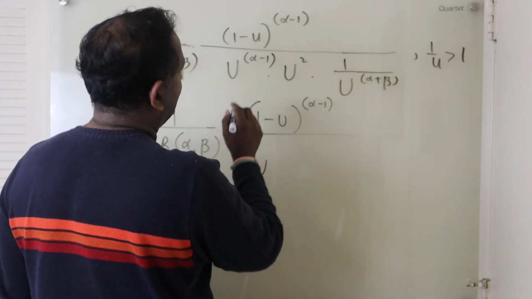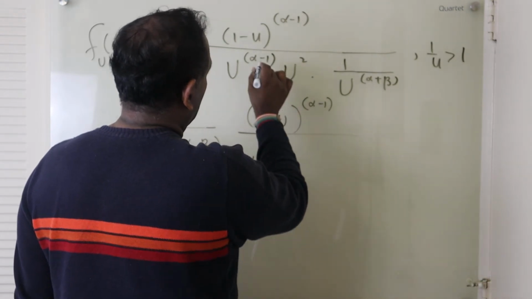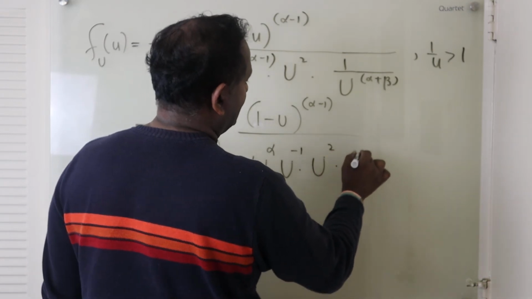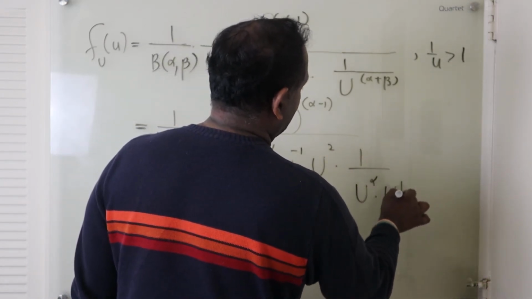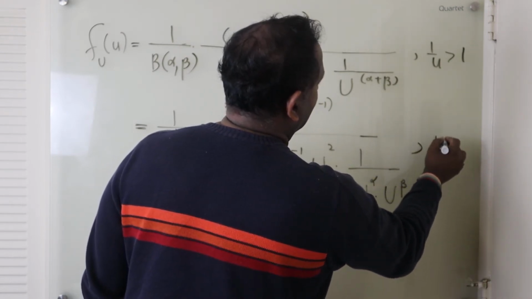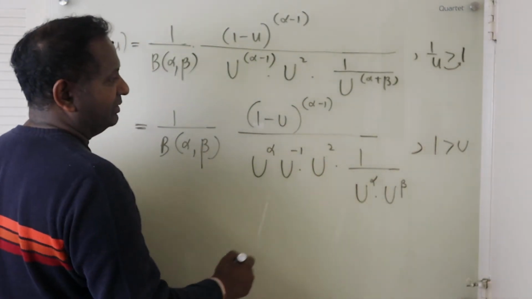When you simplify, you have a u to the alpha here, a u to the minus 1 here, a u squared here, a u to the alpha here, a u to the beta here, and you have 1 greater than u. I brought this u to this side and multiplied.